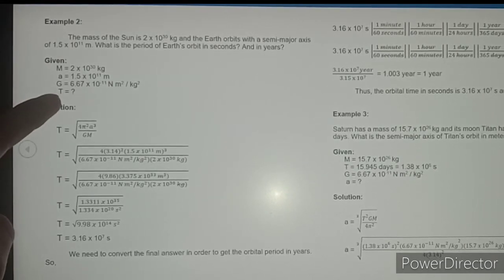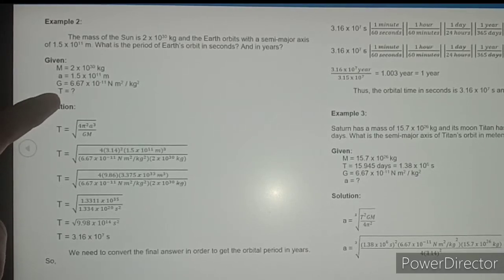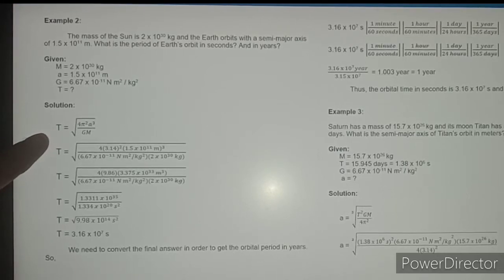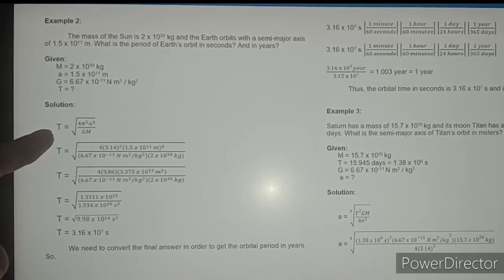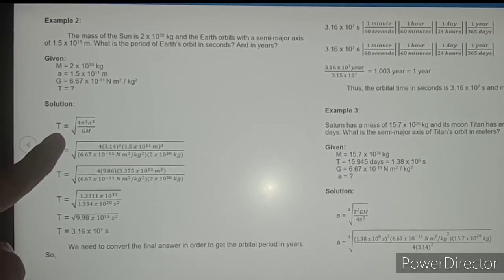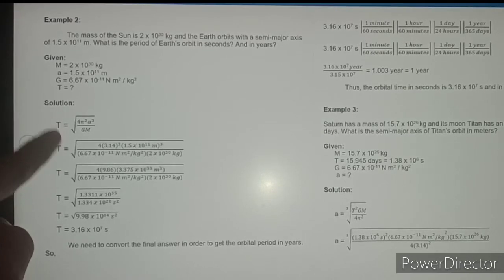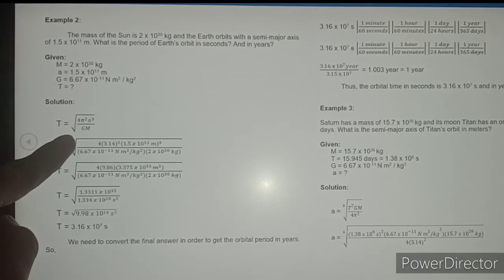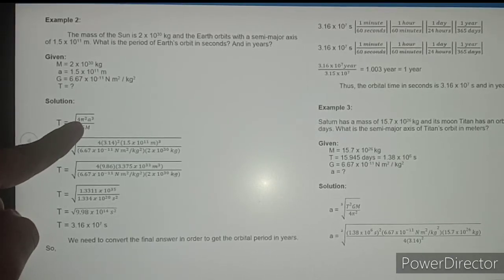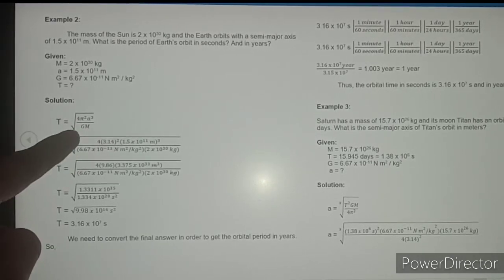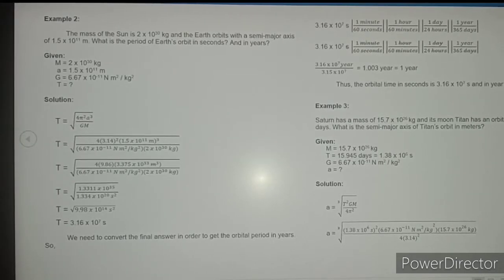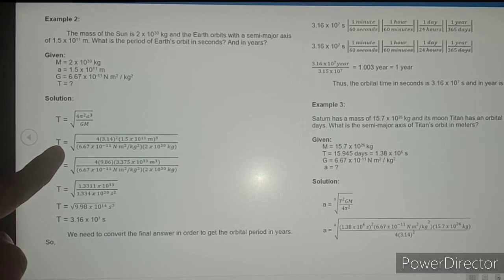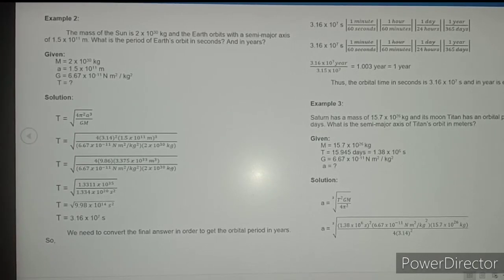Again, we are going to compute for the time. This is a derived formula from the general formula natin, and we are going to use this since it is the missing term. So, T is equal to the square root of 4 pi squared A cube over G times M. And then we're going to substitute the values of the given terms.